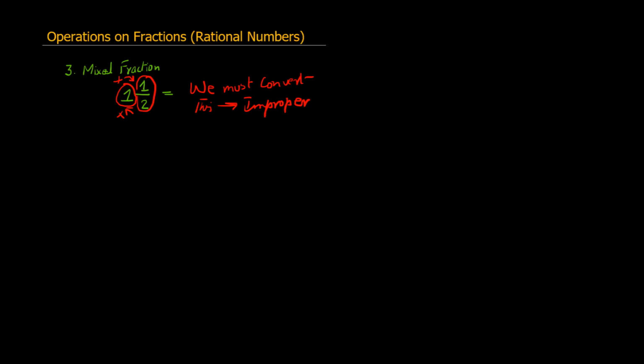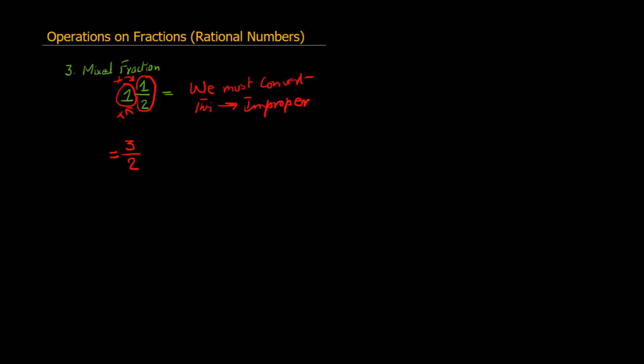So for example, in this case, 2 multiplied by 1 is 2 and plus 1 is 3. So this is our new numerator, and the denominator stays the same. So this fraction equals 3 divided by 2. So this is the way we convert this mixed fraction into an improper fraction.